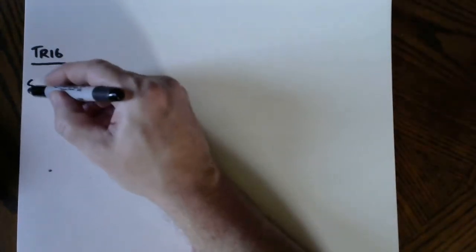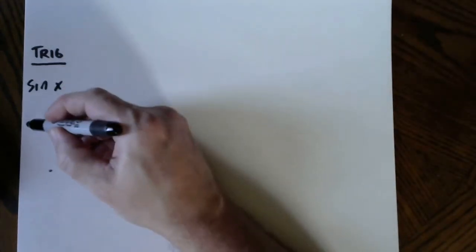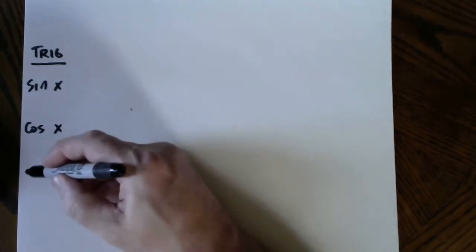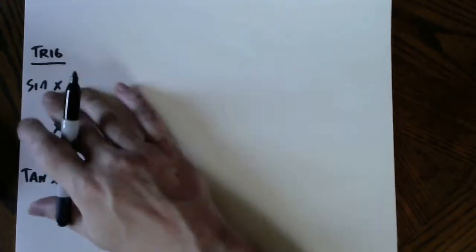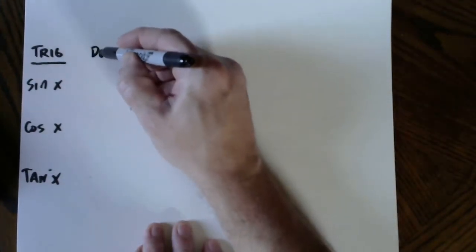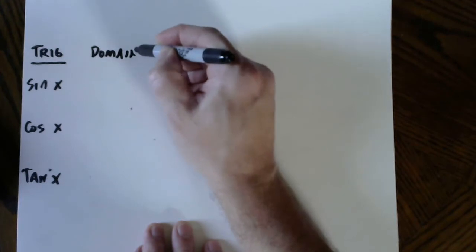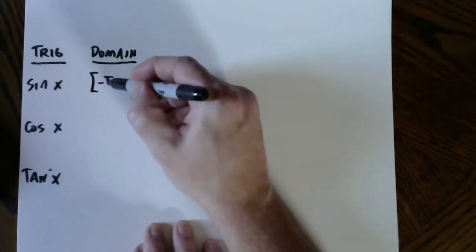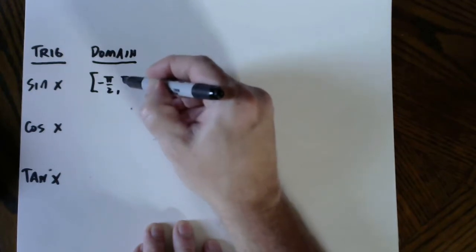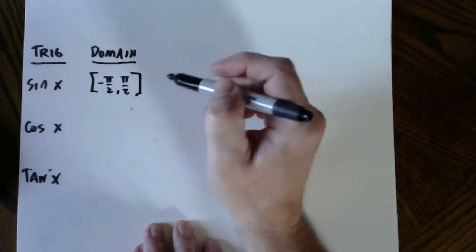Okay, and again, I'm not going to talk about the reciprocal functions. If you can do these three, you can do those three. And I'm going to restrict the domains just like on the last page.